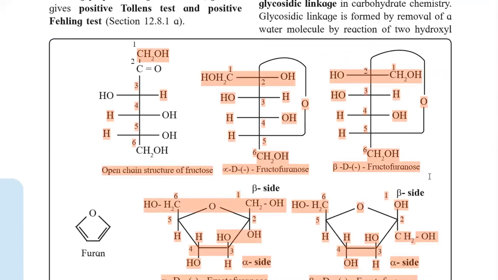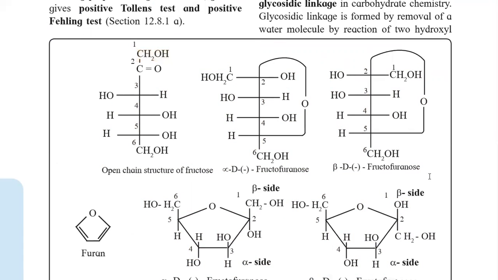Carbon number 5 has H and OH groups, and carbon number 6 is CH2OH. So this is the formula of fructose. This structure is called the Fischer projection formula for fructose. Now we will study how to draw the ring structure.